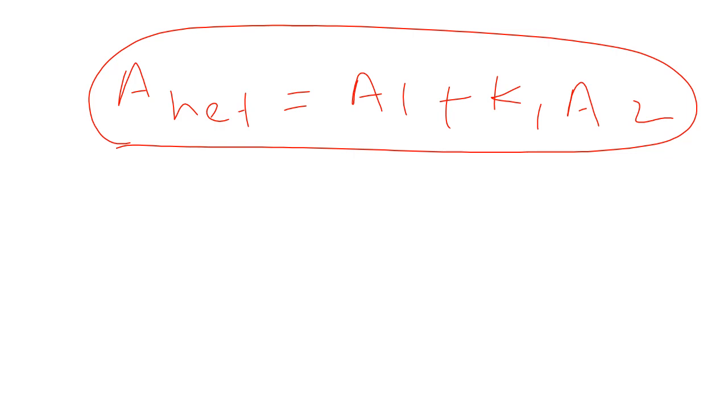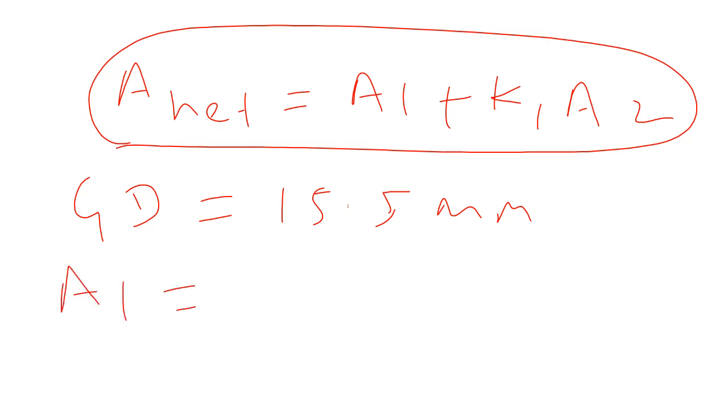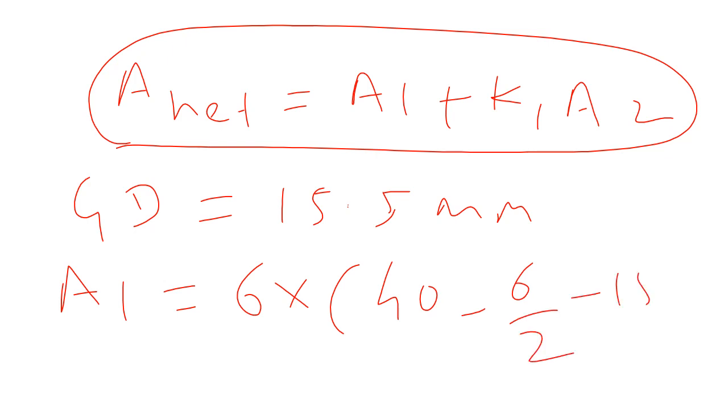So let's start one by one. First of all, find A1. We already have the gross diameter, GD equal to 15.5 millimeter. As per the formula, A1 will be equal to 6 into (40 minus 6 by 2 minus 15.5).